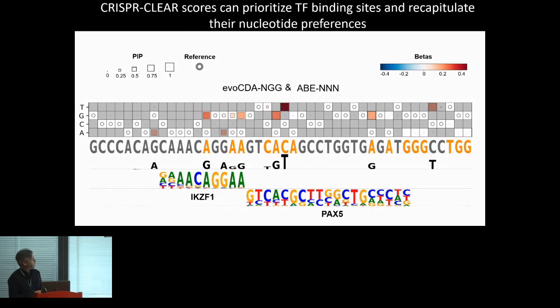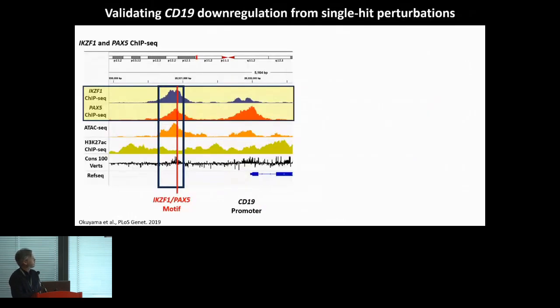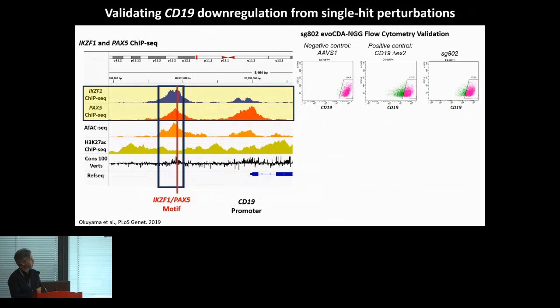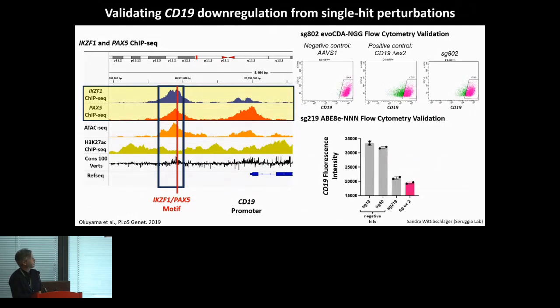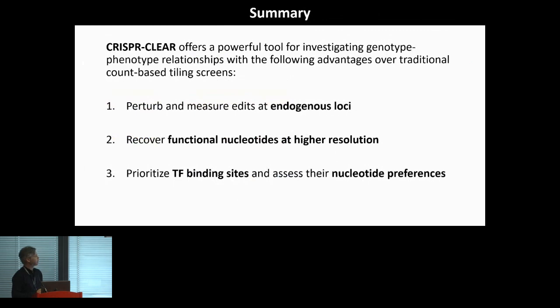Based on this, we validated the two guides that can create these alleles, one for the EvoCDA and one for APE. In both cases, with the negative control and positive control, we see a nice reduction. I believe this is a really nice way to go from a large region down to nucleotide resolution and really learn this basic principle.